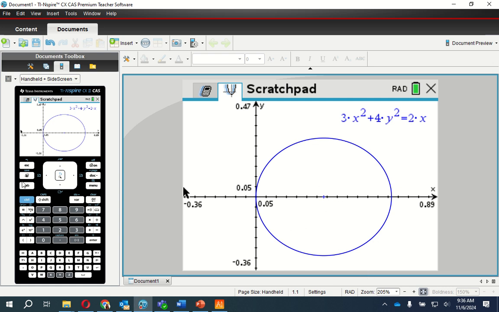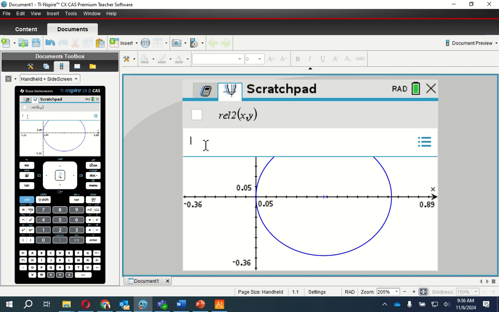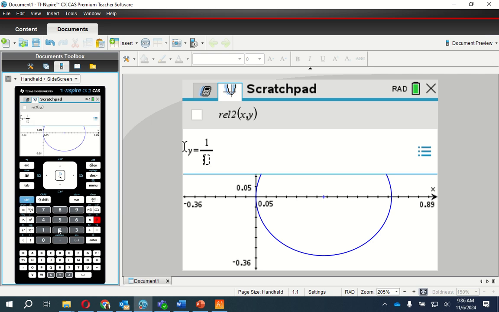So I need to go tab, and now I am going to do what's my equation? So it's y equals 1/2 x minus 1/2.